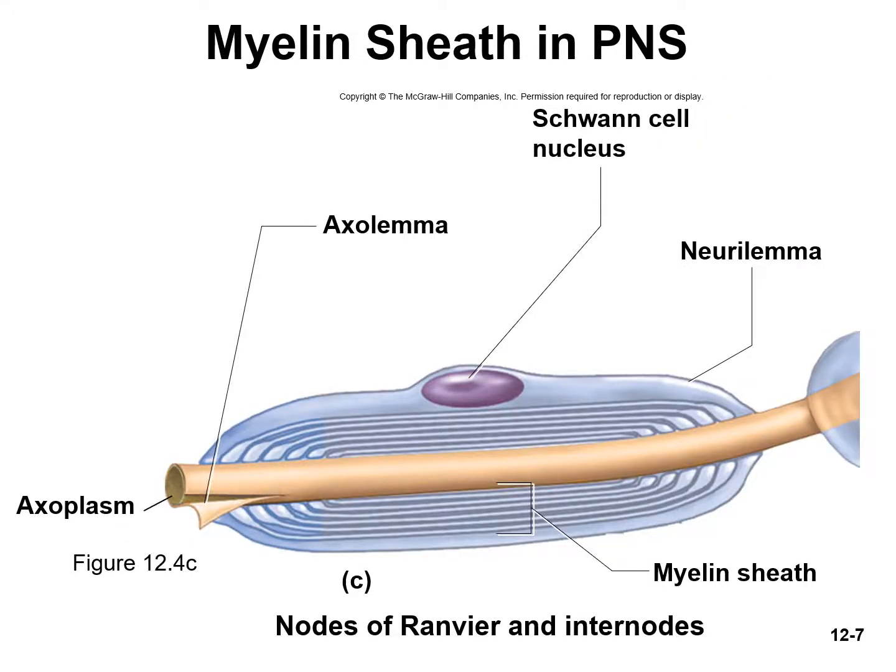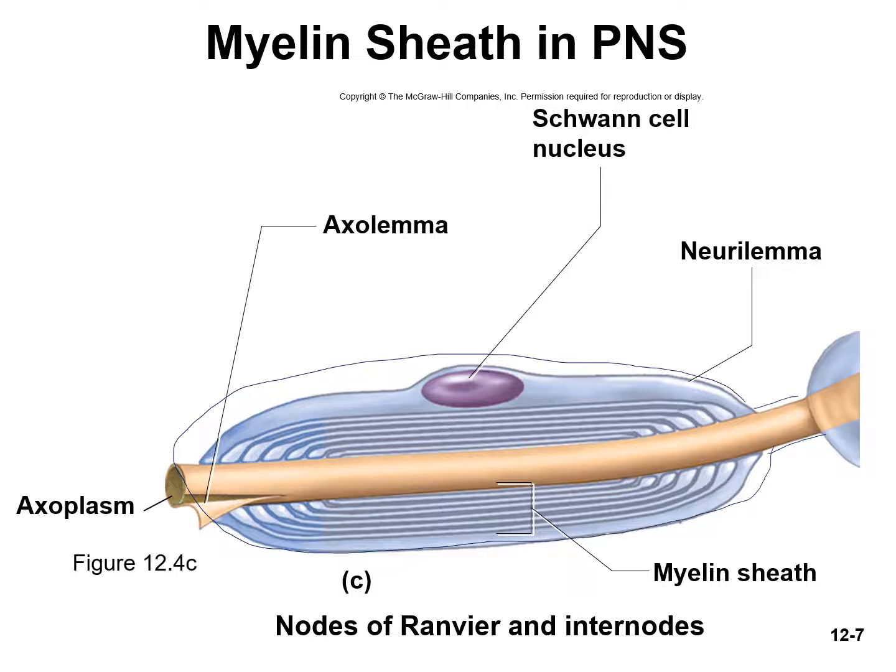So the myelin sheath within the PNS, remember that Schwann cells are in the PNS. So what this is showing is nodes of Ranvier, which are these bare spots on the axon. And then the internodes are the section of axon that are actually surrounded by the myelin sheath.